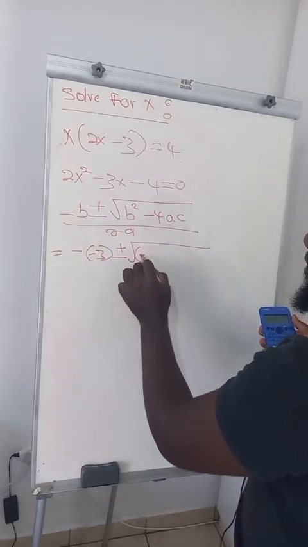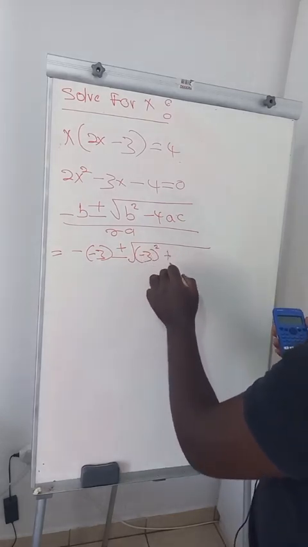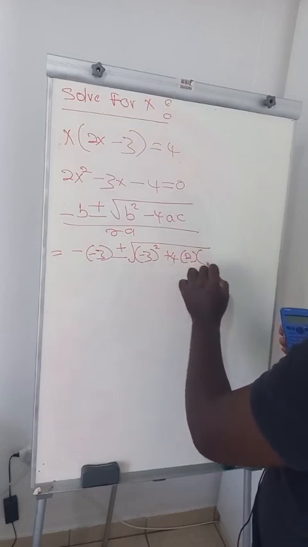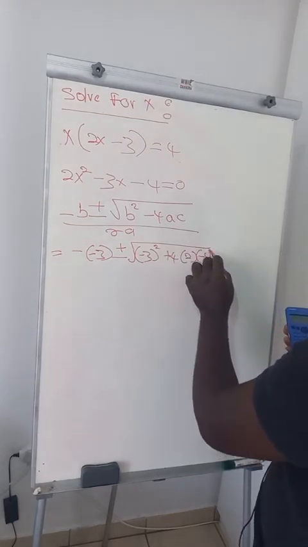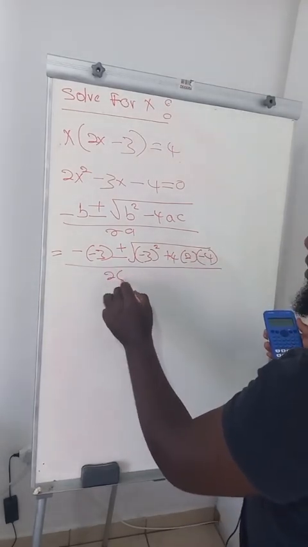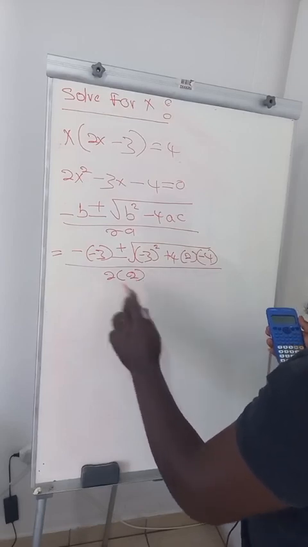B is just minus 3, and then squared, minus 4, and then what is your a? It's just 2, and then what is your c? Your c is just minus 4, and then all divided by, and then what is your a? Is just 2. So you get something like this.